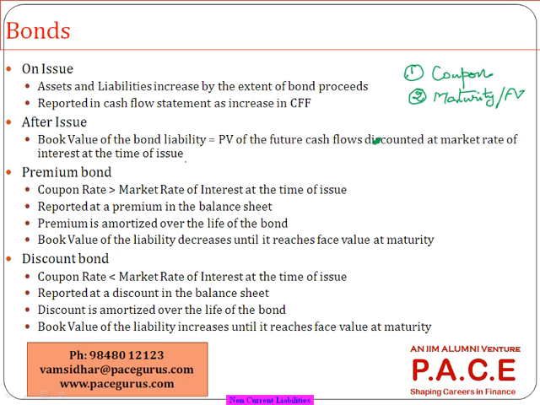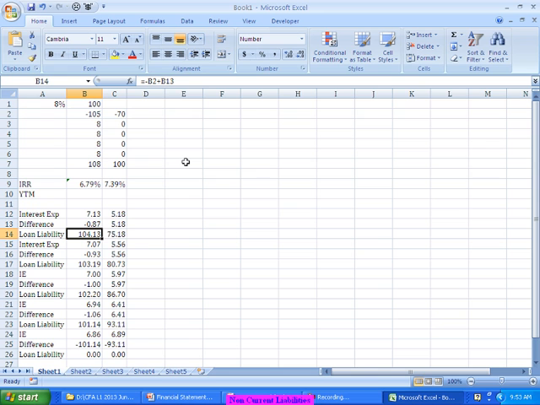And here are some things for us to remember. After issue, anytime we want to find out the book value of the bond liability, there could be a question: at the end of 1 year, find what is the loan liability. So one way is I can find out the interest, find out the difference, all that stuff.